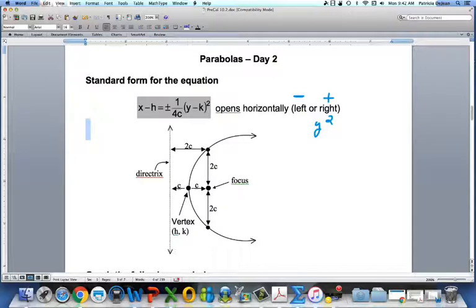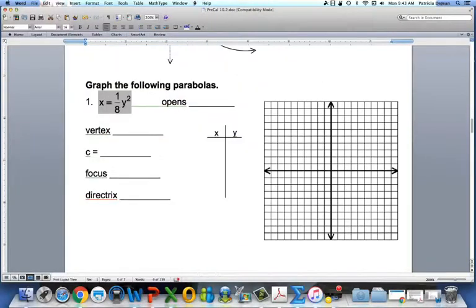So, let's go and work some problems, 2 or 3 problems with that. And then we're going to start with an equation and try to figure out how to get the graph by completing the square. Okay, so let's go on down. This is the same basic problem as we had to start our other with, except since our y is squared, it opens right.